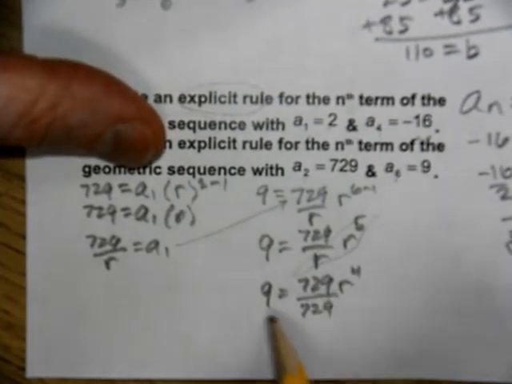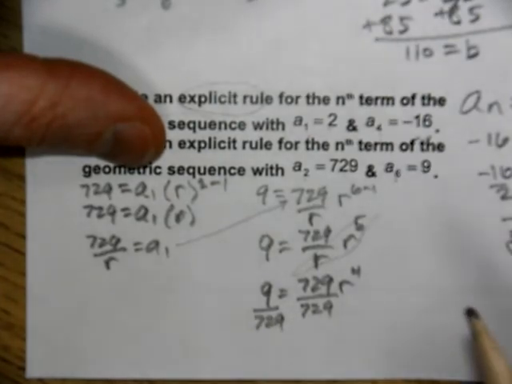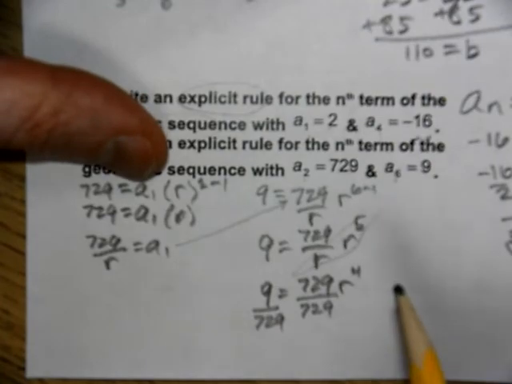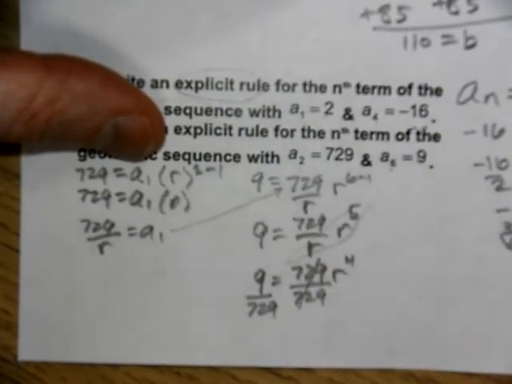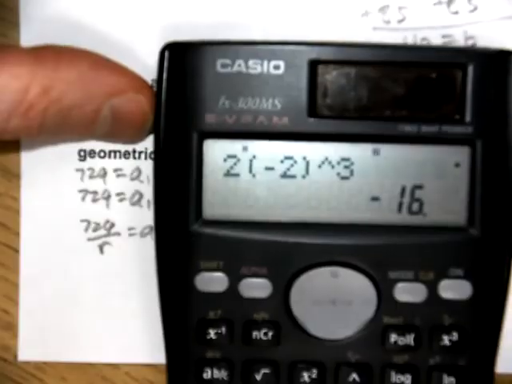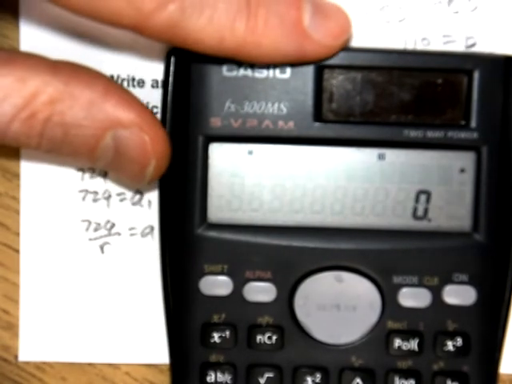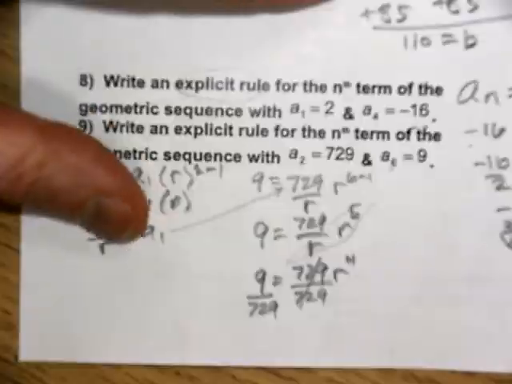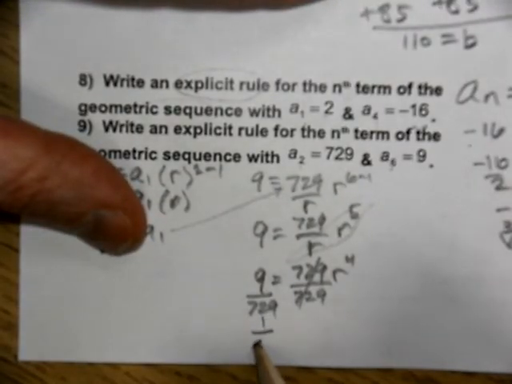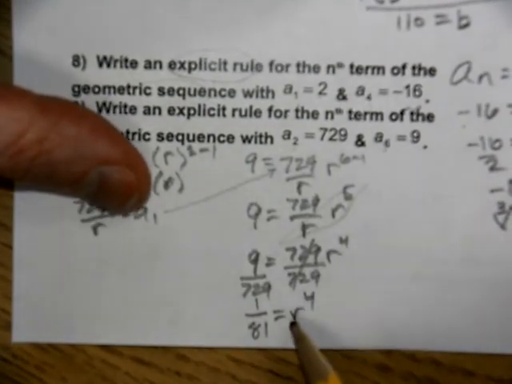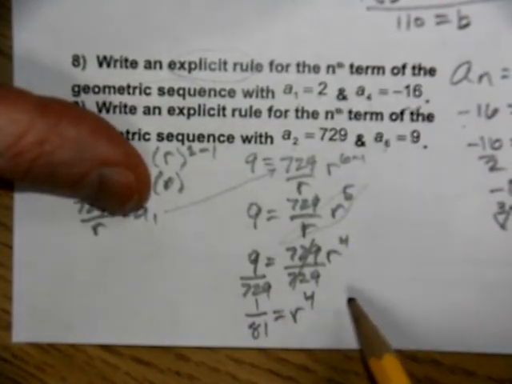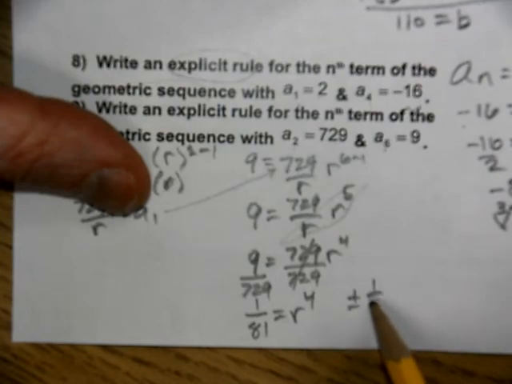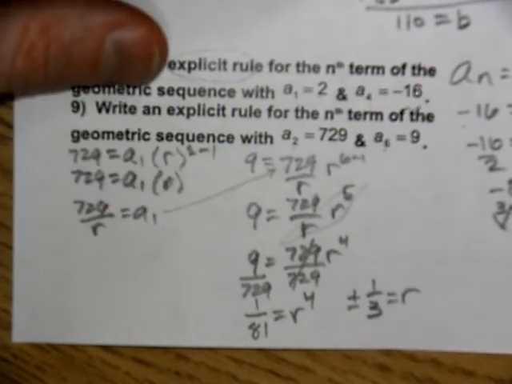So I'll divide by 729. So that can be reduced a little bit. I know that 729 can be divided by 9 is 81. So this is going to be 1 over 81 is r to the fourth, which when I take the fourth root of that, I get plus or minus 1/3.